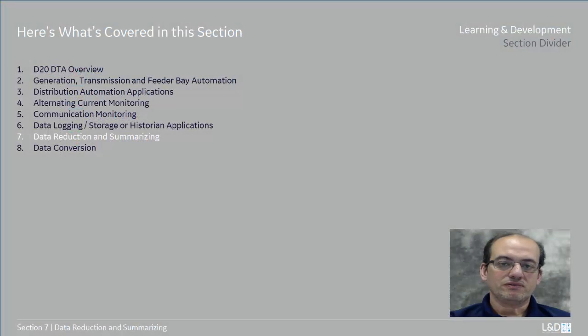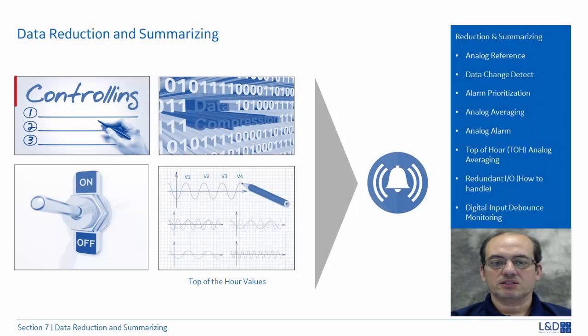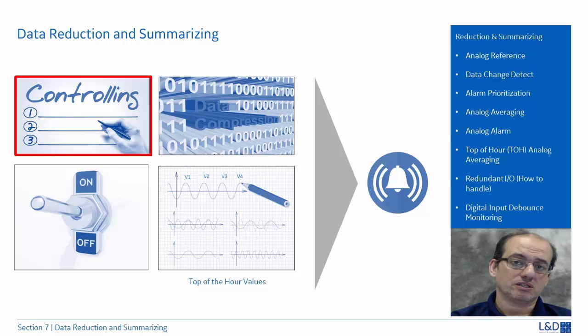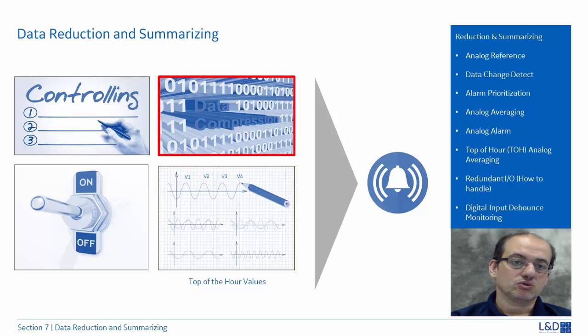In this section, we're going to briefly discuss the data reduction and summarizing data translation applications. Some of the applications that will assist you in reducing the data and summarizing it so that we can make sense of it include the analog reference data translation application, the data change detect application, if you're only interested in the changed information, not in the static information, alarm prioritization, analog averaging, analog alarms, top of the hour or TOH analog averaging, and redundant IO, which allows you to get data from two sources.